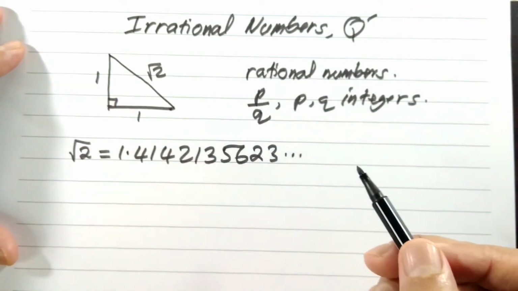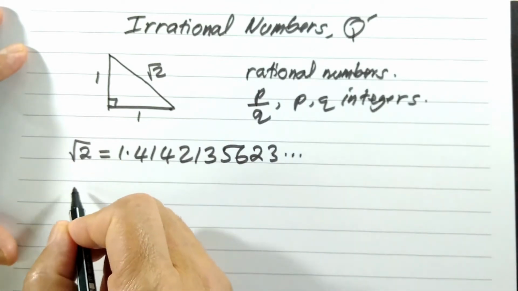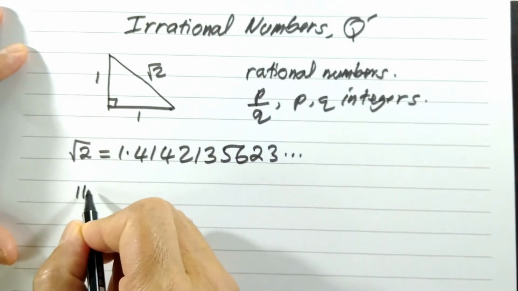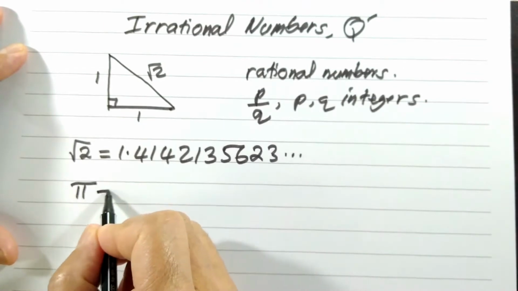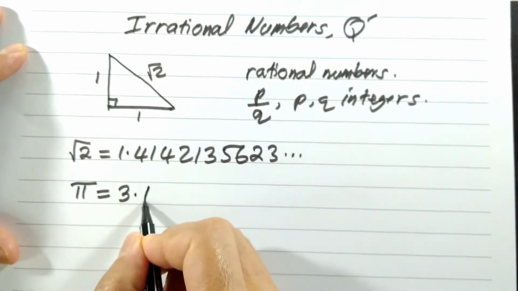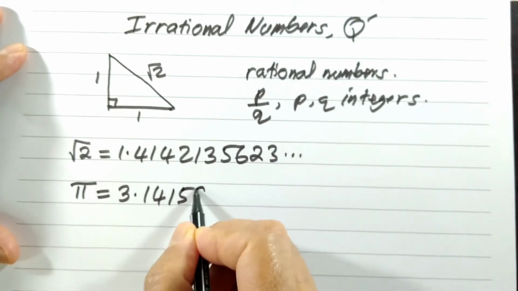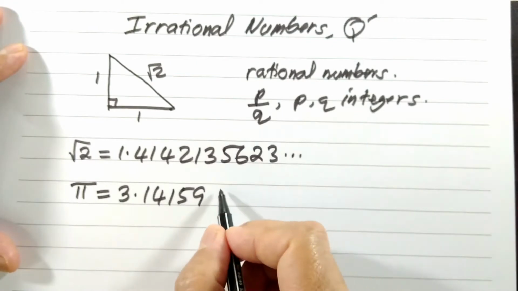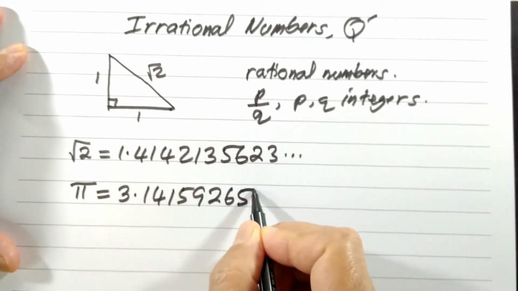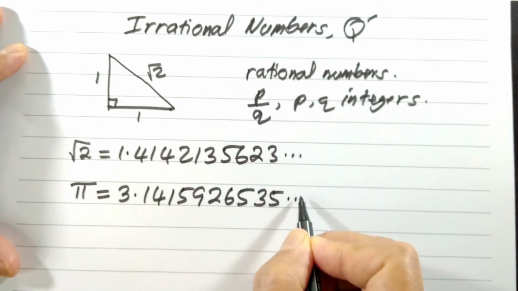All right. Now, do we have any other irrational number? Yes, of course we have. The famous one is, for example, pi. Pi, in terms of decimal, is equal to 3.14159265 35, and then so on.